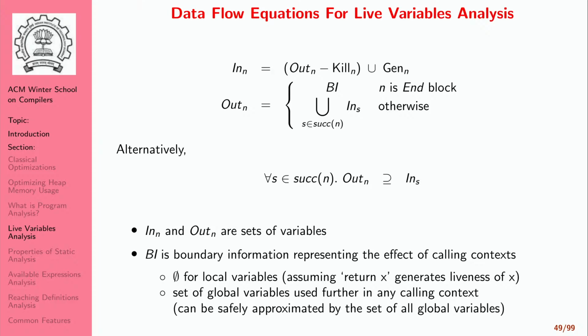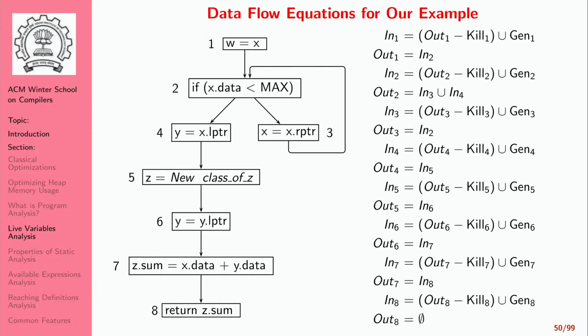Okay, so let's look at how we expand this to our program. So we say in of n, at the entry of n, whatever is out, whatever is live at the exit, from that we remove whatever is killed at the entry, and then we add whatever is generated. So we have this set of equations.